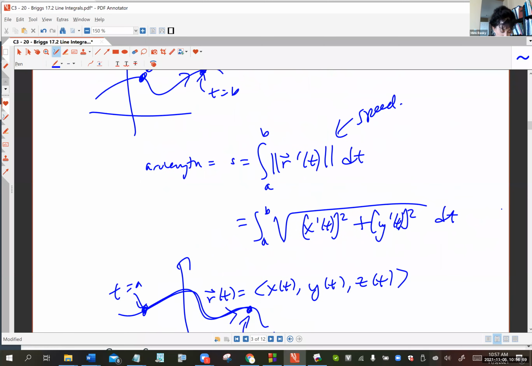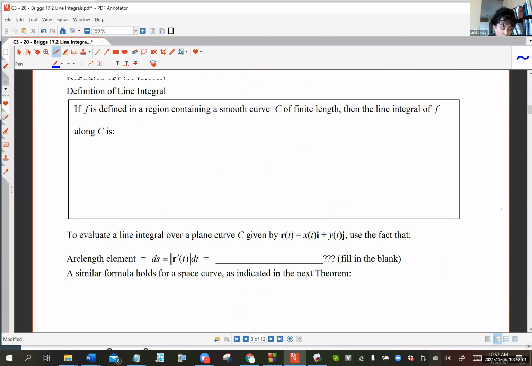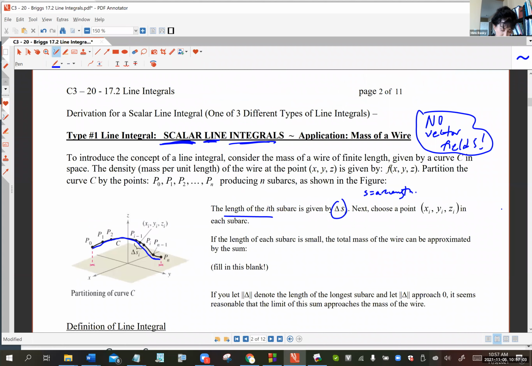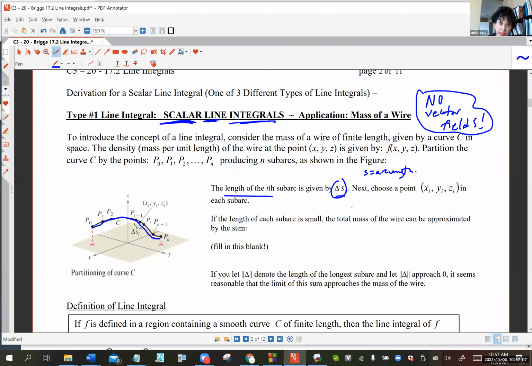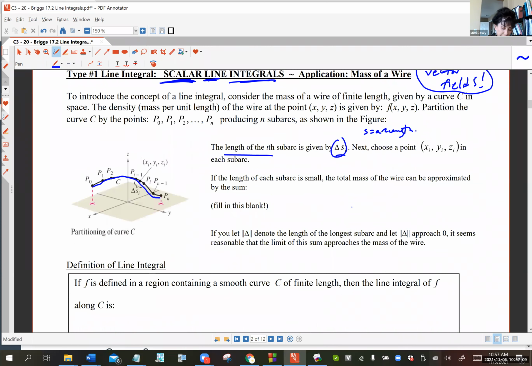Okay, arc length. Back to our wire. So if the length of each subarc is small, then the total mass of the wire can be approximated by the sum of all the little masses of all the little subarcs.